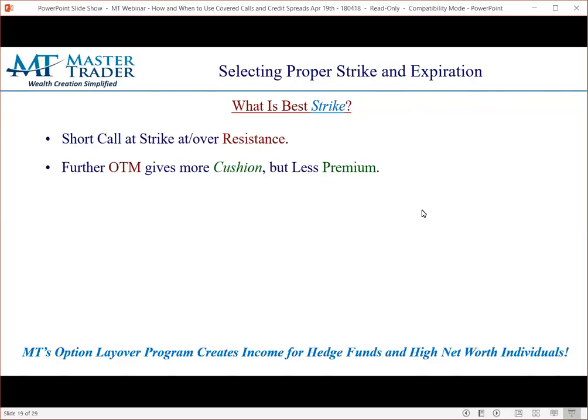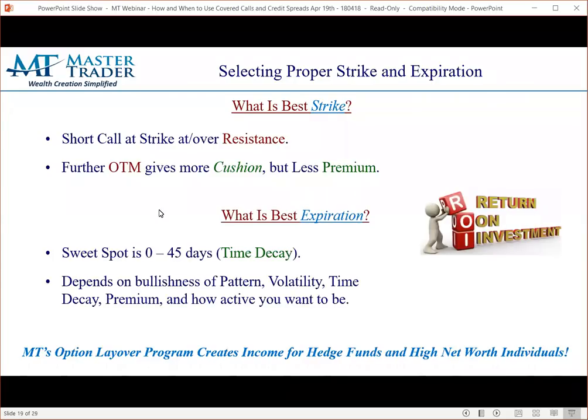And we get into this in more detail in our course. But the further away you're agreeing to sell your stock, the less the call buyer is going to pay you for that right. And you saw that on the quote screens that I showed you.